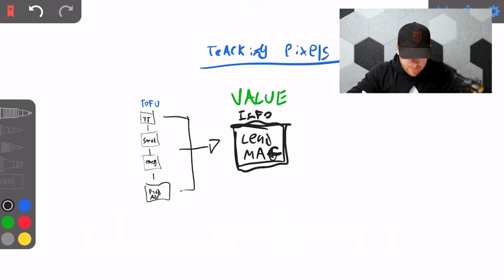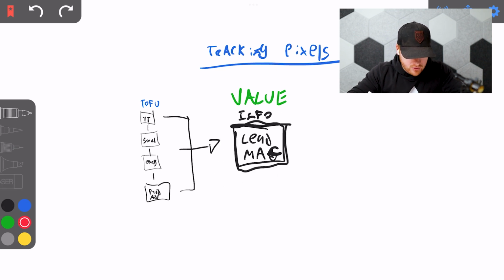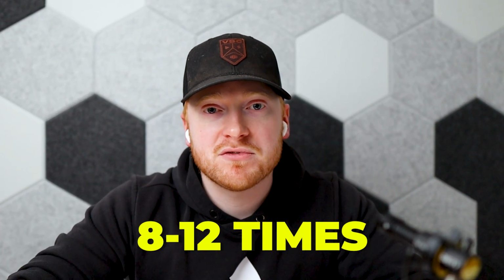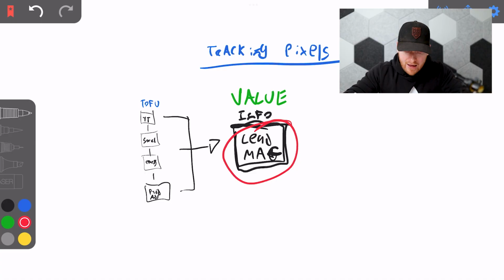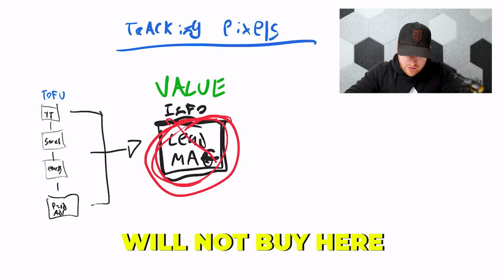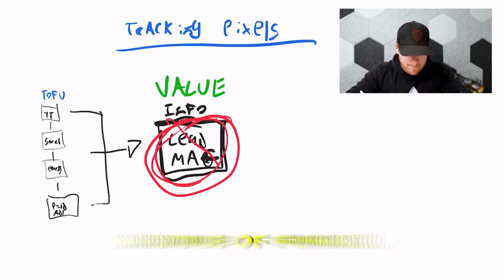Now, when somebody goes through our lead magnet, we are, of course, going to pitch them on our paid product or service. But studies show it takes between 8 to 12 times of someone interacting with your service or brand or you personally before they're ready to buy. So the vast majority of people will not buy here. So we then put them into our middle of funnel.